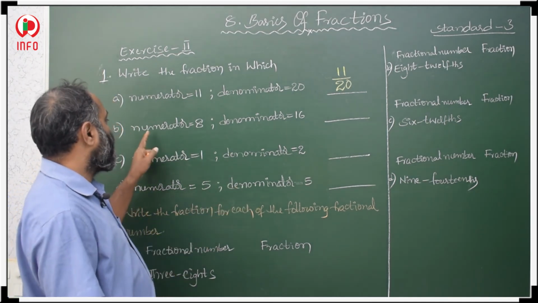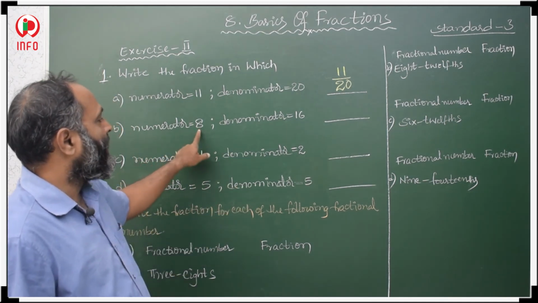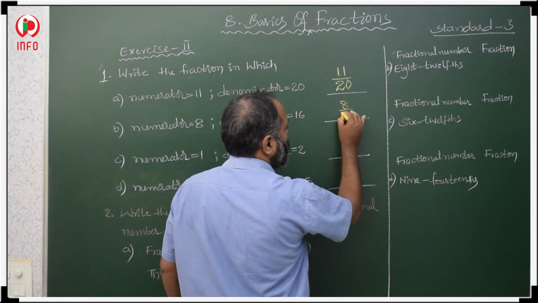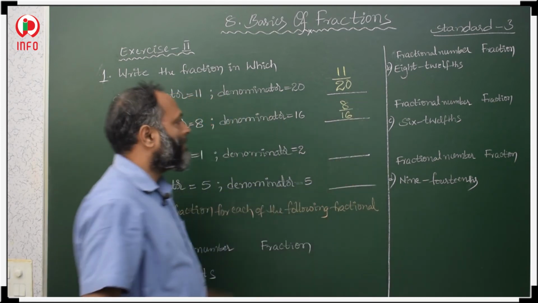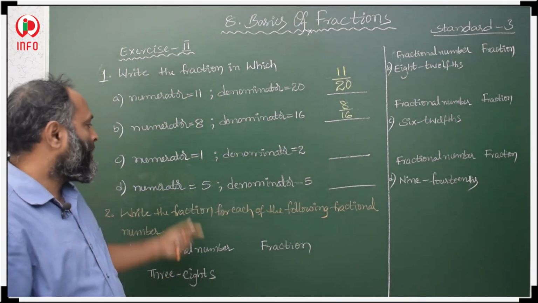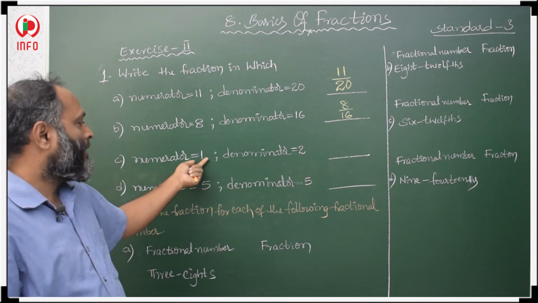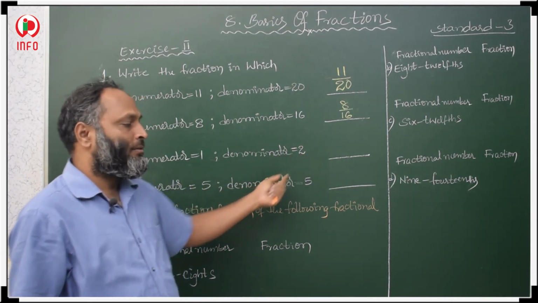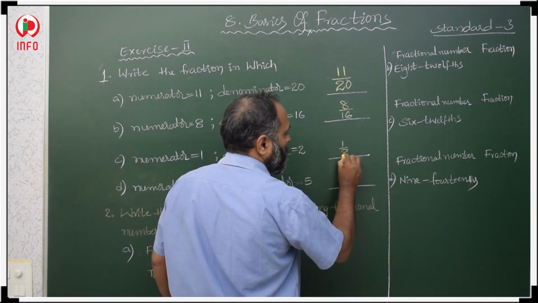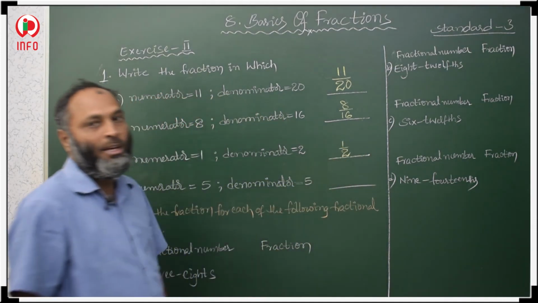Okay. Now, in the second, the numerator is 8 and the denominator is 16, so 8 by 16 is the fraction. In the third question, the numerator is 1 and the denominator is 2, so we write 1 by 2, numerator by denominator.